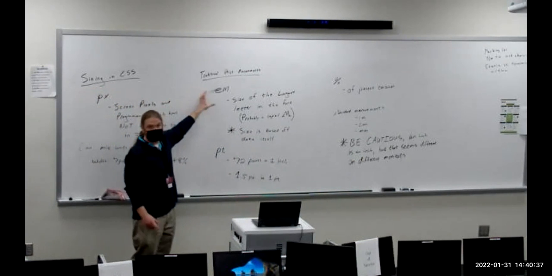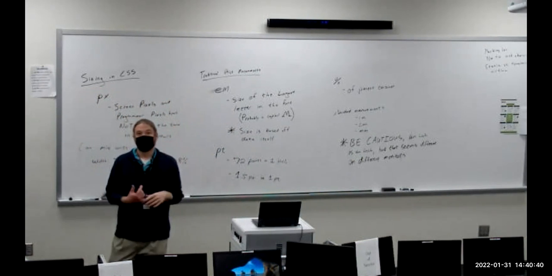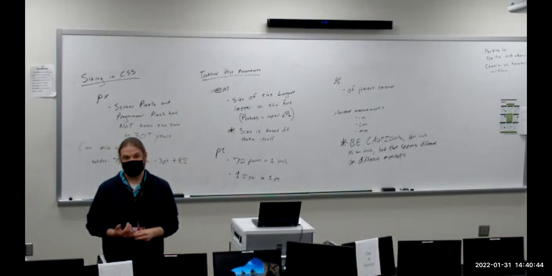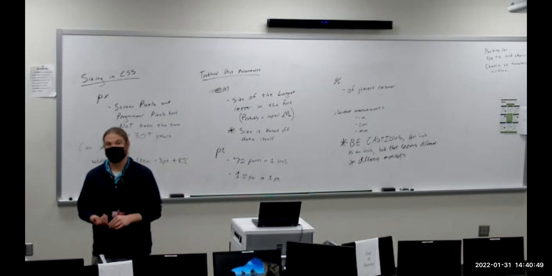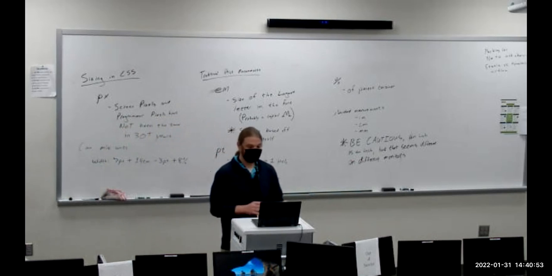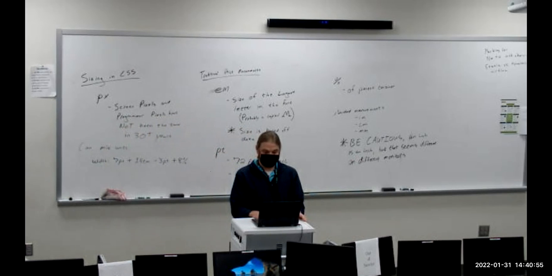EMs are the largest letter, and the big advantage of that is the sizes are based off the data on the page. So whatever your font size is, you can base every other size off that.